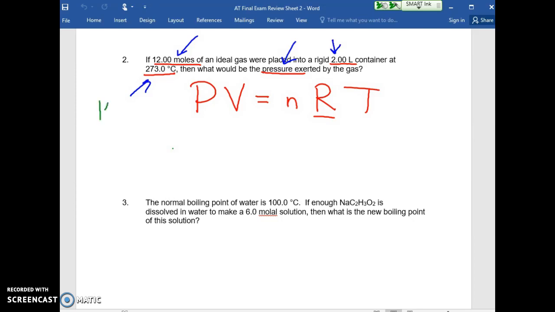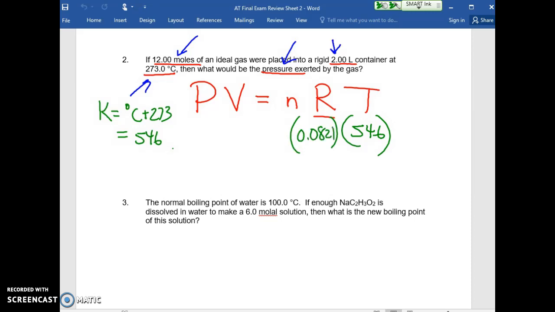We need to change that to Kelvin, and when we do that, we find out we are plugging in 546 for the temperature. Always be careful about that. You're told the universal gas constant, 0.821, that's given to you. And that's the number of moles of gas. The volume we said was 2.00.